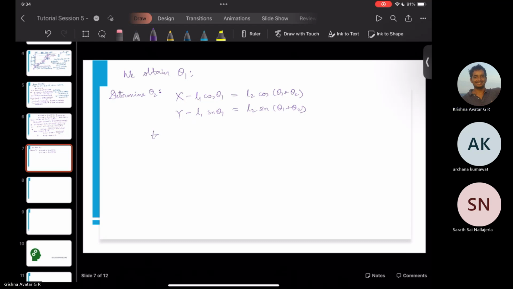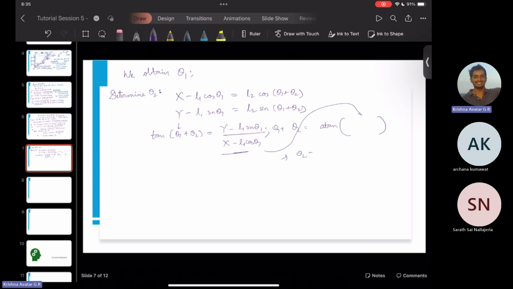So we have tan of theta 1 plus theta 2 is equal to y minus L1 sine theta 1 divided by x minus L1 cosine theta 1. So from here, we already know the value of theta 1, so we first determine the A tan of the quantity on the right here, which gives theta 1 plus theta 2.